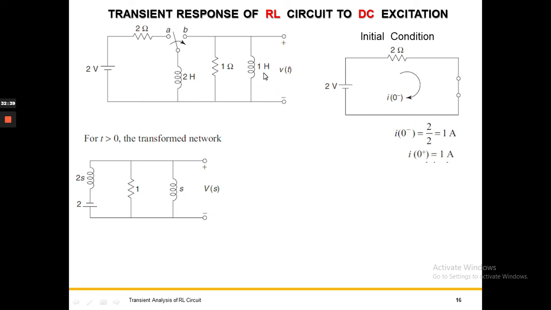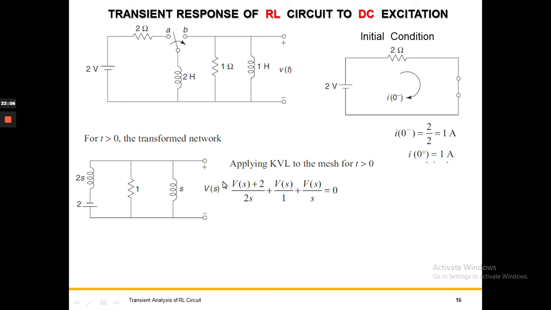Okay, inductance value is 1 into S. Okay, so this is the transformed network after the switch is taken from A to B. Okay, now you have to find out this output voltage V of t, V of s. So now first you write down the KVL for the mesh.